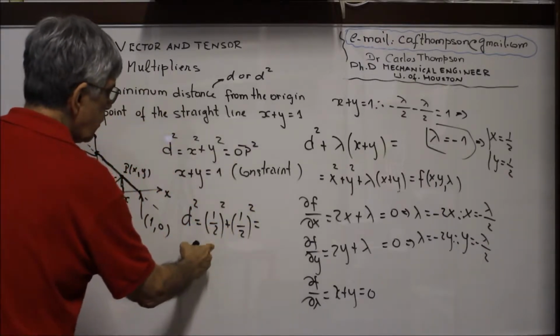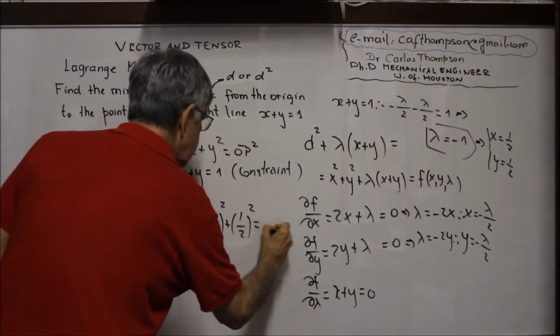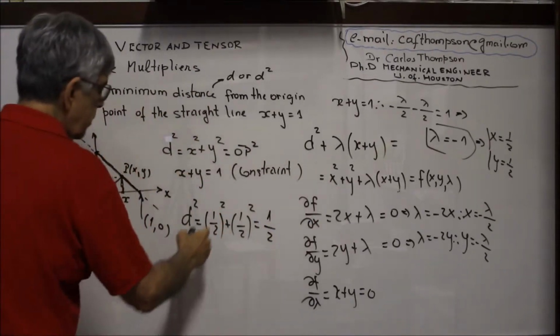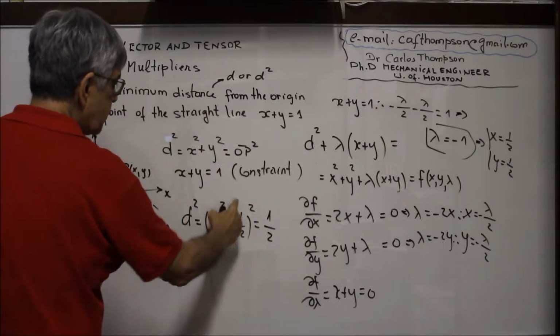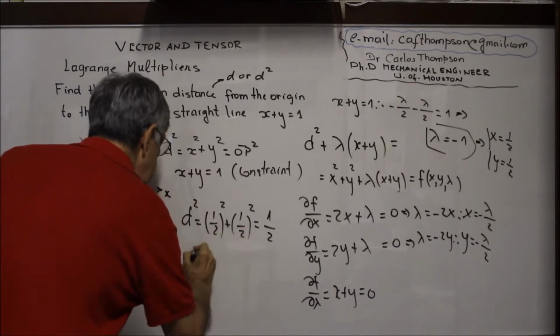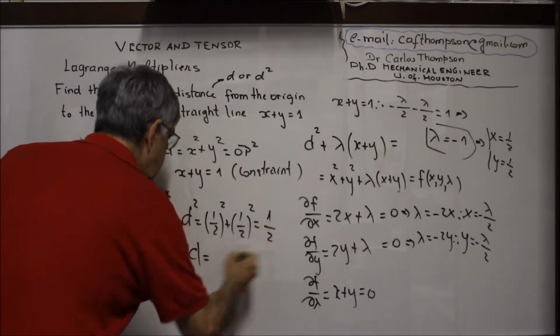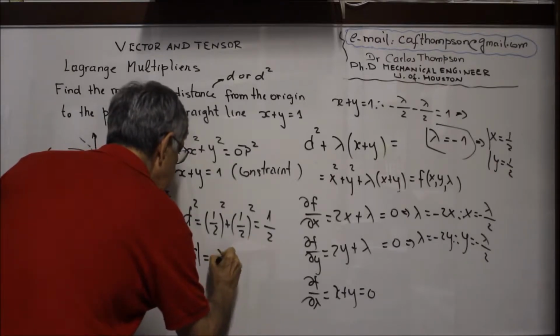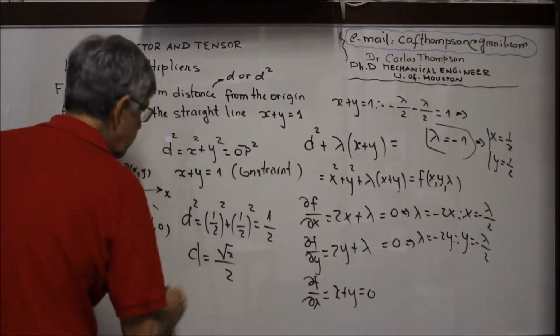So this is 1/4 plus 1/4, which is 1/2. So d is the square root of 1/2, which is square root of 2 divided by 2.